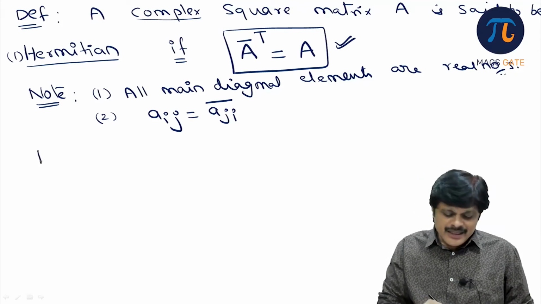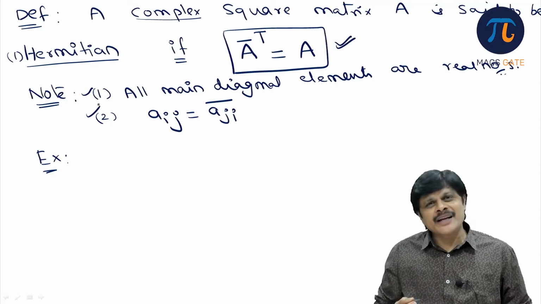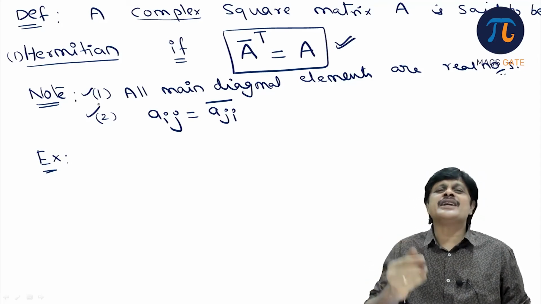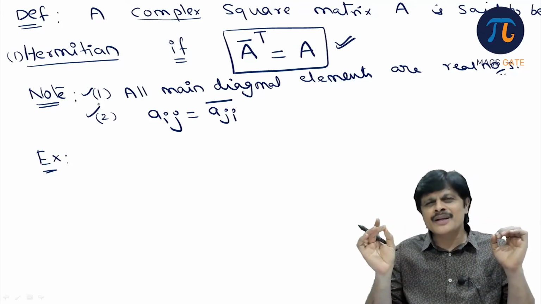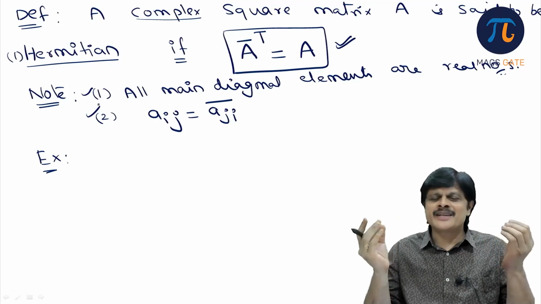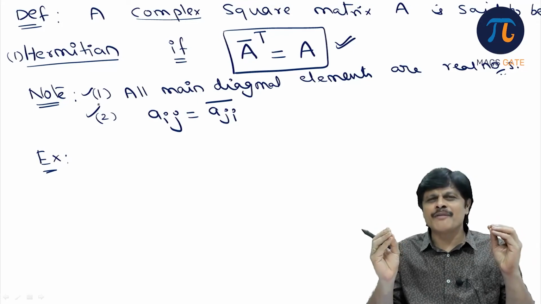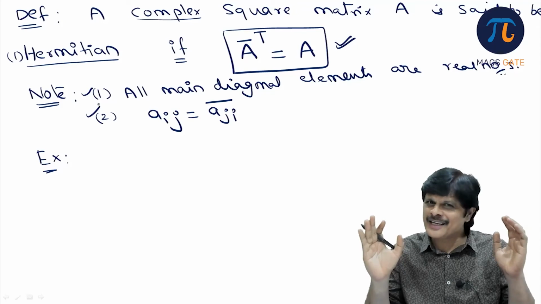With these points I'll construct a Hermitian matrix, so that next time onwards whenever it is given as Hermitian you can easily identify. Hermitian is used in a property of eigenvalues and eigenvectors. Of course, complex matrices are very interesting, but for our examination they are only for understanding a property of eigenvalues and eigenvectors. Clear?